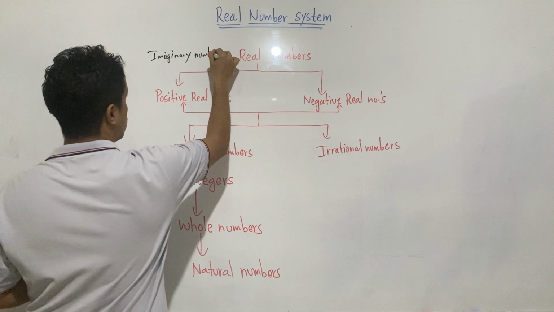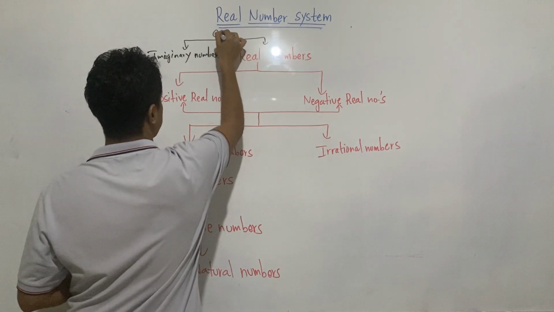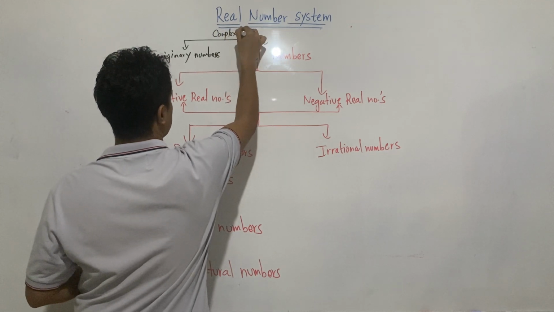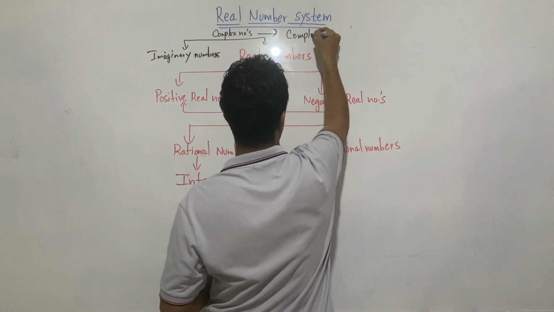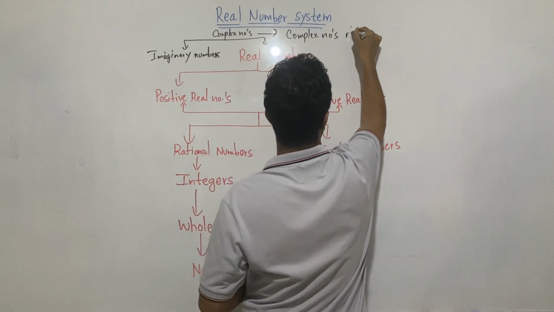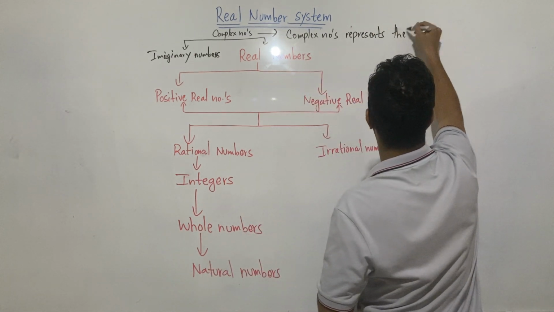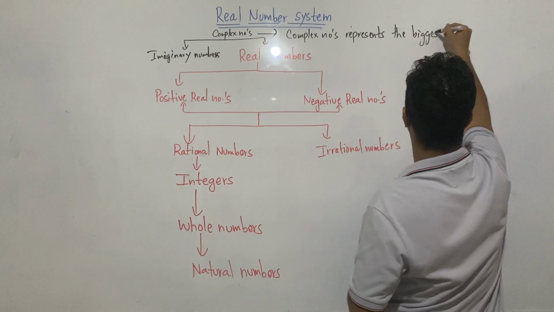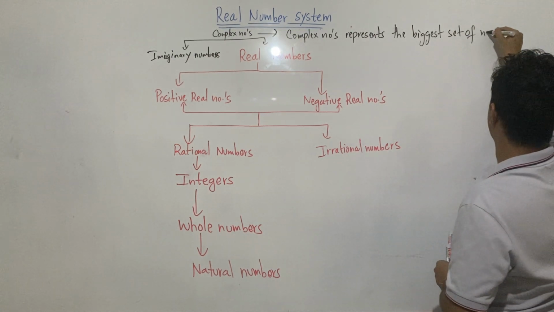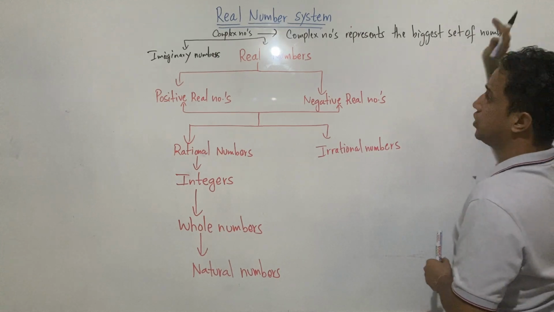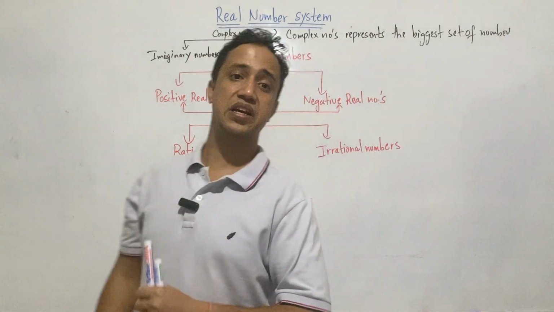And when you combine both, then we have complex numbers. Complex numbers represent the biggest set of numbers. We are going to do it in the coming times. Don't worry. Just remember that the set of complex numbers represents the biggest set of numbers.